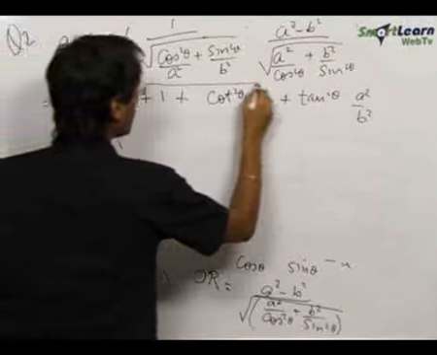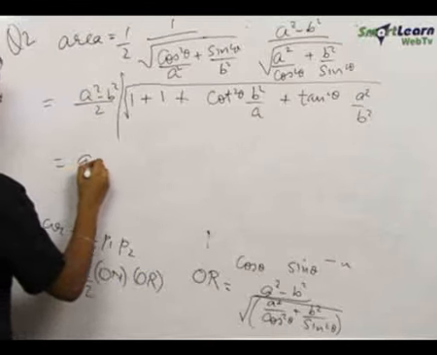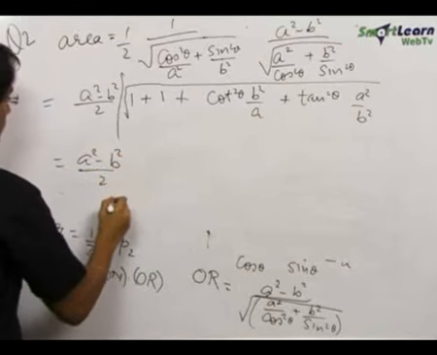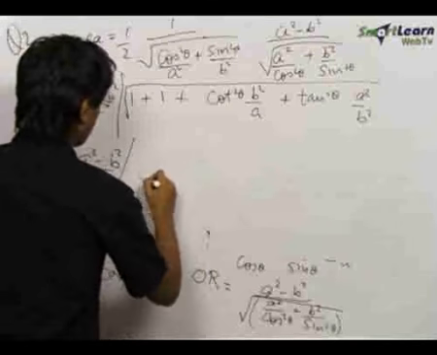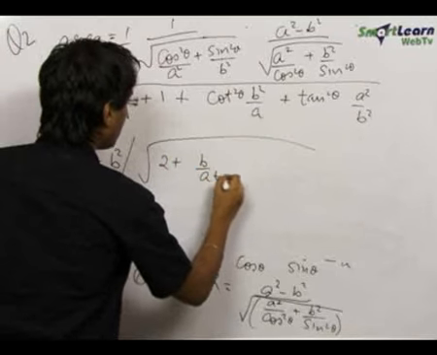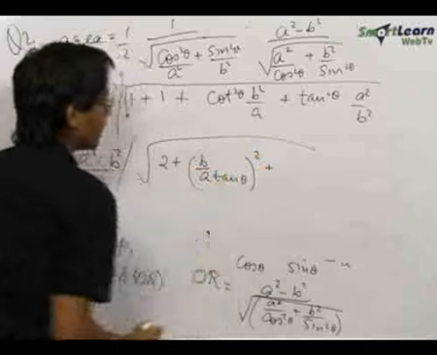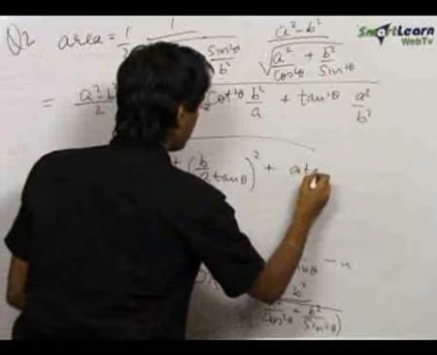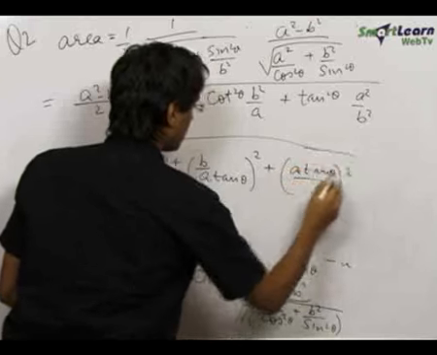This becomes a square minus b square by 2 divided by the square root of 2 plus b by a tan theta whole square plus a tan theta by b whole square.